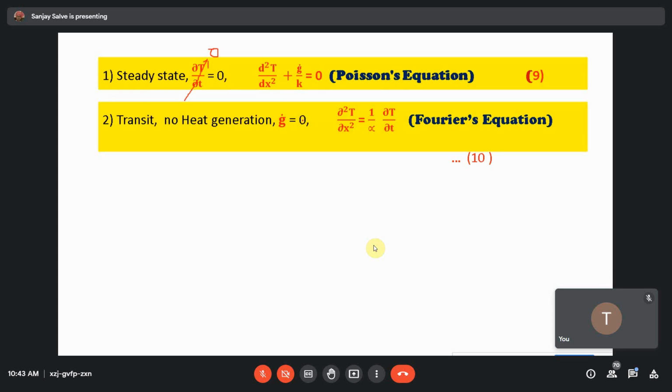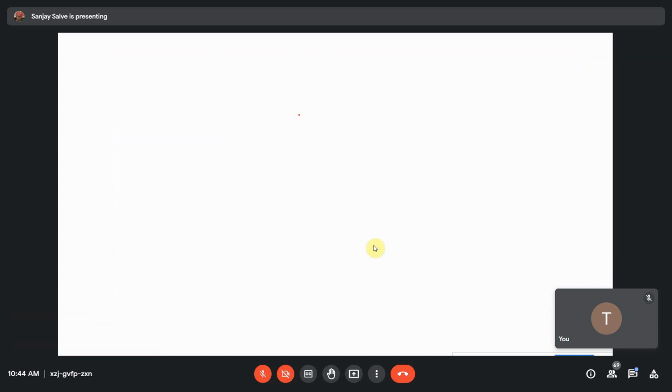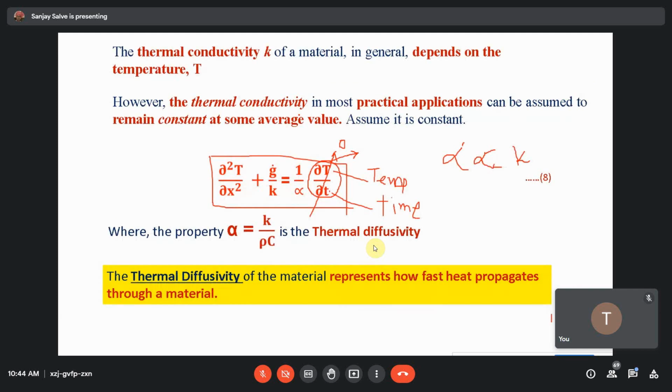No internal heat generation, right? No internal heat generation means that in equation number 8, again equation number 8, you can see G dot is 0, right?